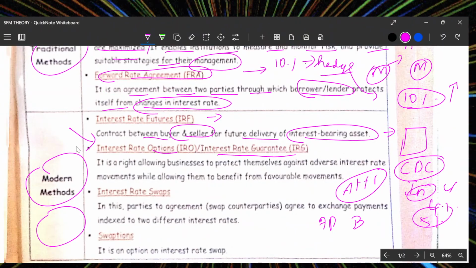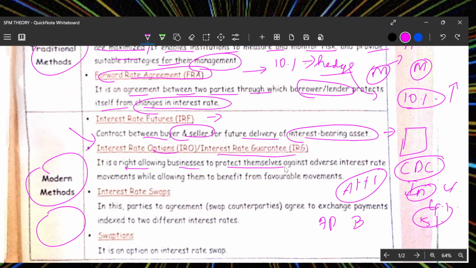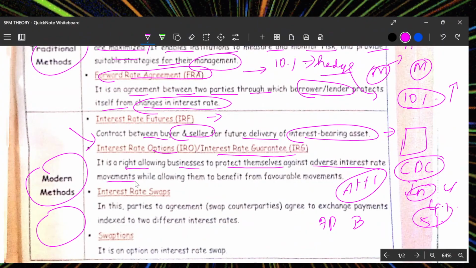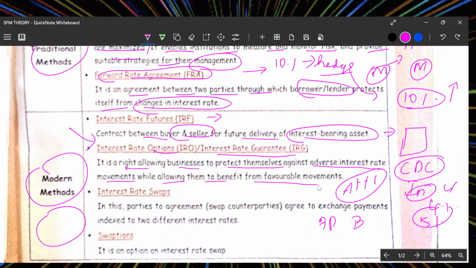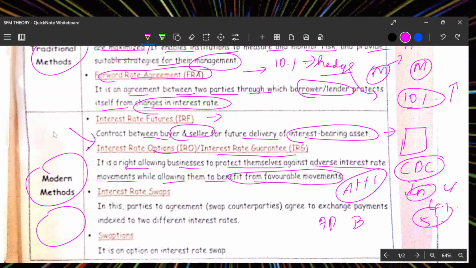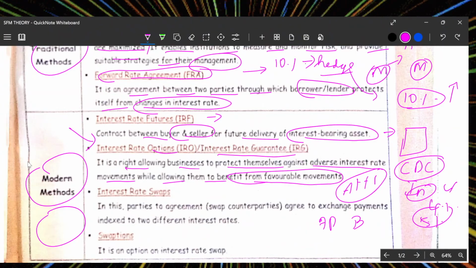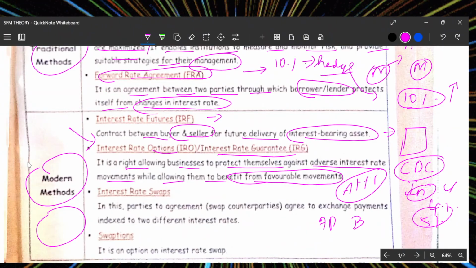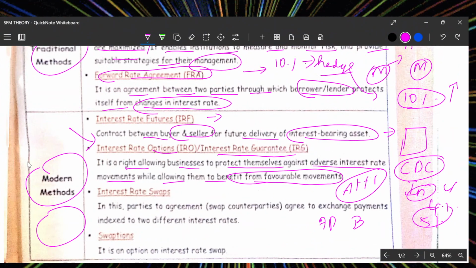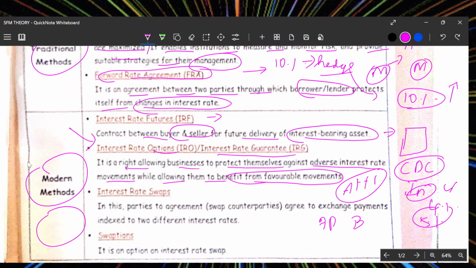That is options and futures. This allows businesses to protect themselves against adverse interest rate movements while allowing them to benefit from favorable movements. If they think the interest is going to go up, they can buy it, which is a good option. Or if they think the market price of the interest will fall, they will sell it. That is also possible.